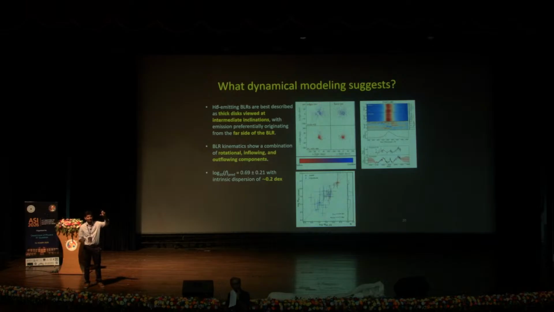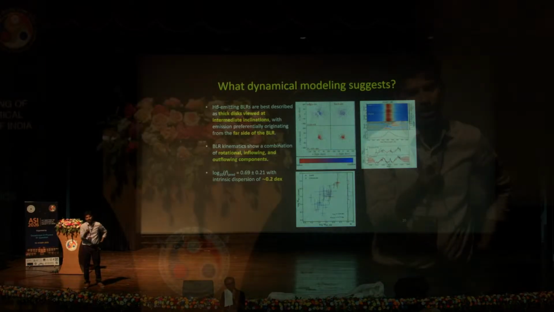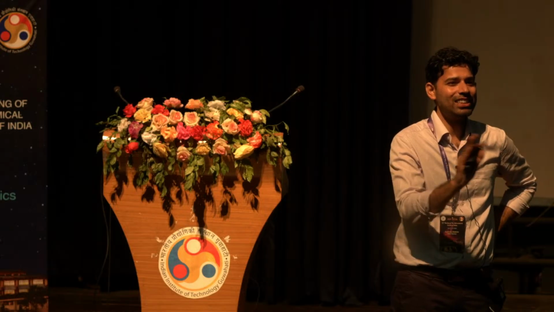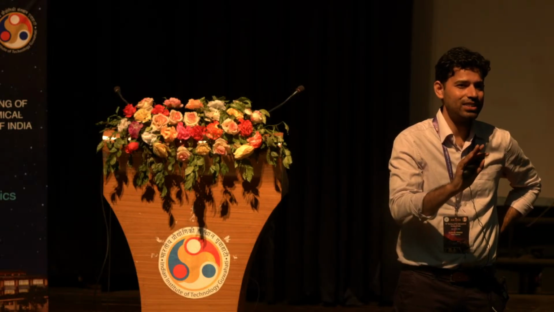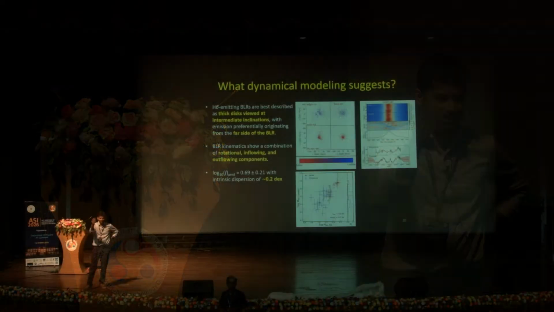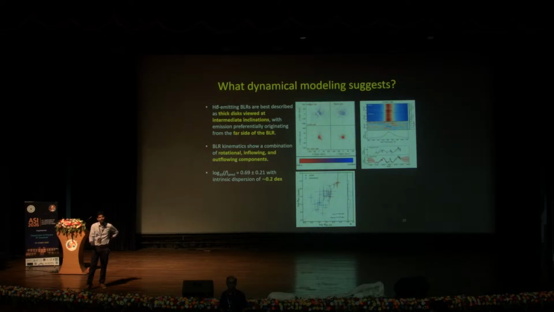If you look at this relation, with this one single object we cannot claim anything. So we didn't consider this object for any fitting, because we need multiple objects, but we don't have any such low luminosity AGNs that we can monitor, because they do not vary. Even when we tried for a longer time for other known targets, they don't vary. So if they don't vary, then these methods cannot be applied.